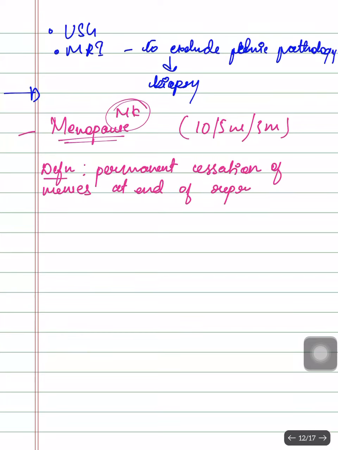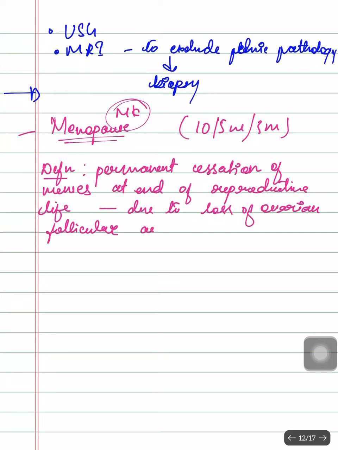It is the point of time when the last and final menstruation occurs. So this is a cessation of menses. The clinical diagnosis you can do is through amenorrhea, which is stoppage of menses.